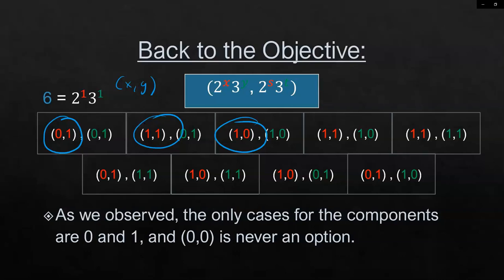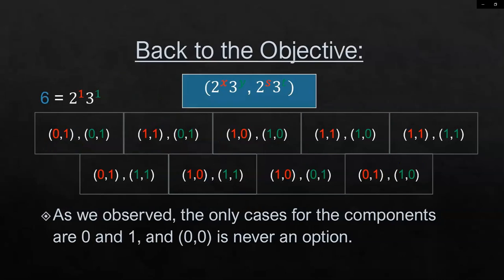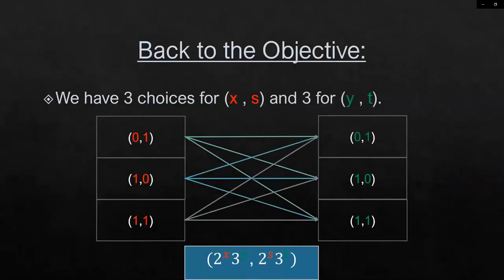All of the others are repeated. The same goes for the green pairs. We have this green pair, and this green pair, then they are repeated. So we have 3 choices for the exponents of 2, the x's, and 3 choices for the y's.